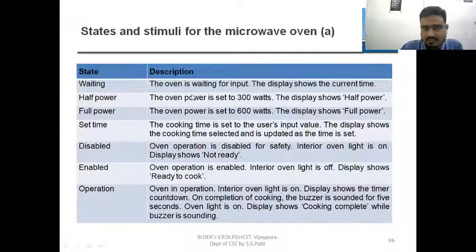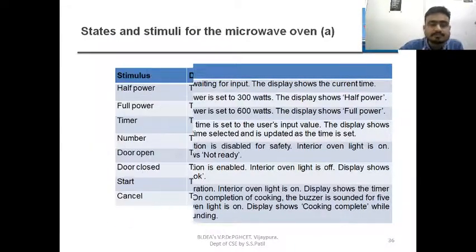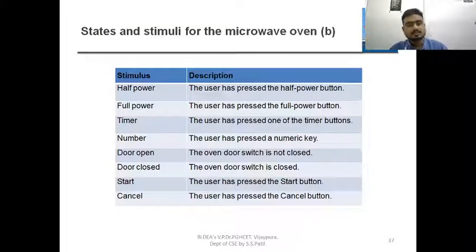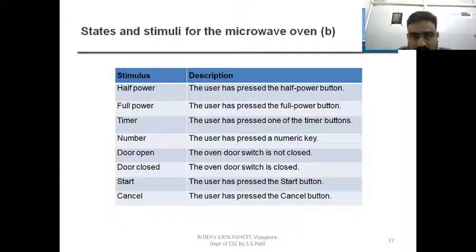You can understand these things by reading them yourselves, because you are already in the third semester of engineering. Next comes the same thing again, the stimulus and description: half power, full power. The user has pressed the half power button, the user has pressed the full power button. With respect to this action, these things are going to be carried out.